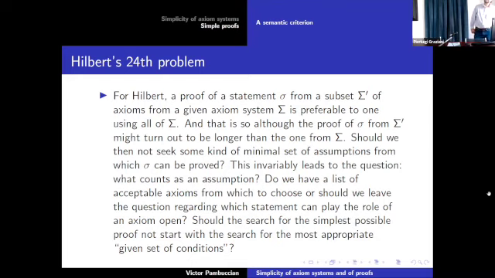So what counts as an assumption, first of all? He speaks about assumptions, but what counts as one? Is there a list of acceptable axioms that we are allowed to choose from, or is any statement that looks simple enough allowed to be called an axiom?